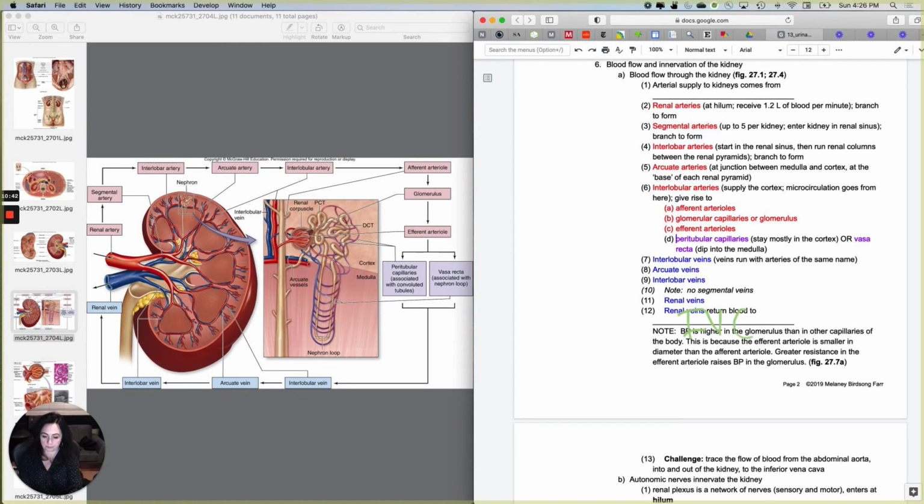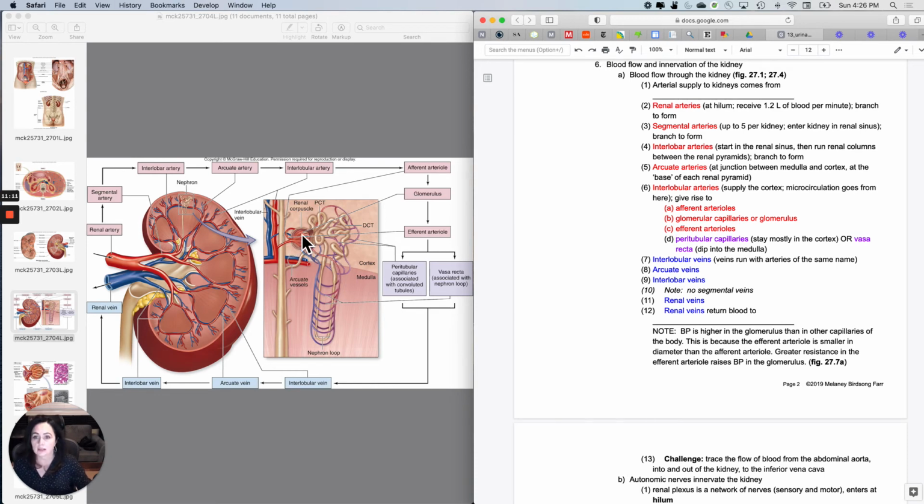IVC, inferior vena cava. Okay, we will see in just a minute that the blood pressure in the glomerulus is going to be much, much higher than it is in other capillaries, and that is in part just because of this weird little thing. So keep this in mind. Look at this. Afferent arteriole going in, then glomerulus, then efferent arteriole going out.